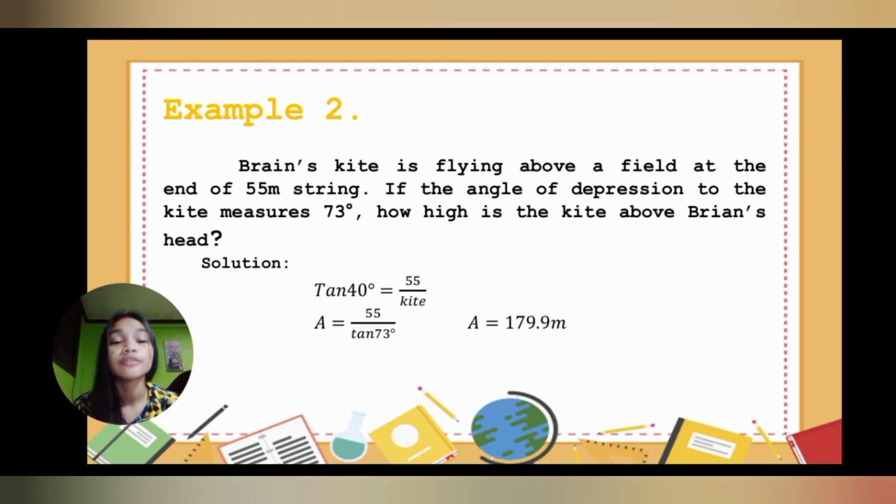The very simple formula is the tangent, 55 being the string of the high flying kite, divided by our A, and then A equals 55 over tangent 72 degrees, so we can get the answer of 179.9 meters is the height of the kite above the boy's head. Or we can solve it as 55 times tangent 72 degrees. We can get the answer of 179.9 meters.